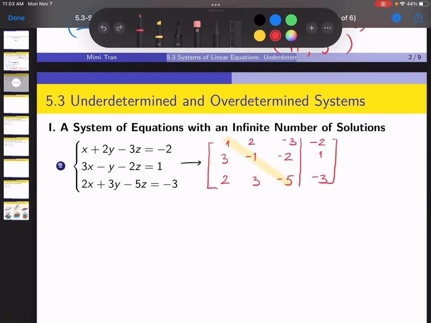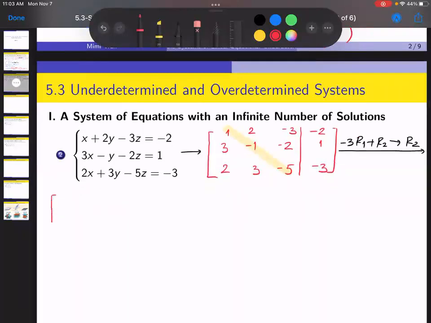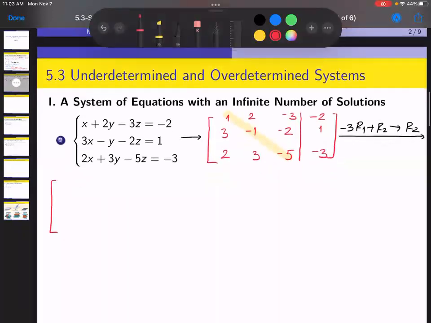So what do I do? What do I multiply the row 1 by? Yeah, -3 R1, add to R2, that gives me the new R2. Rewrite the first row so I don't forget.